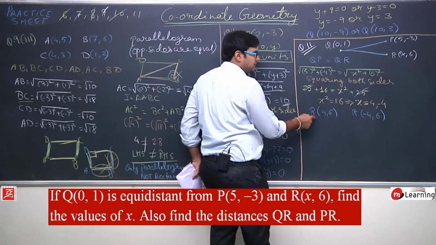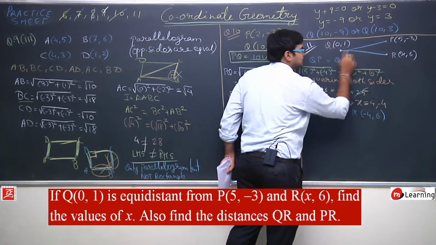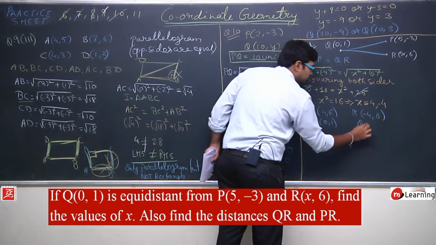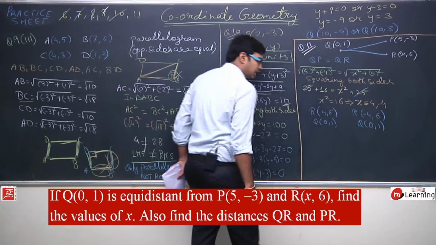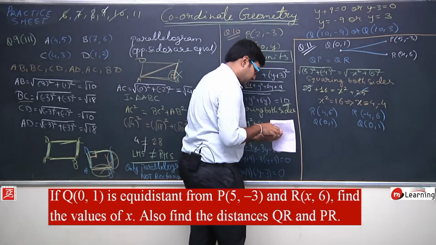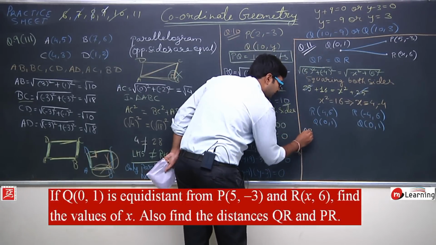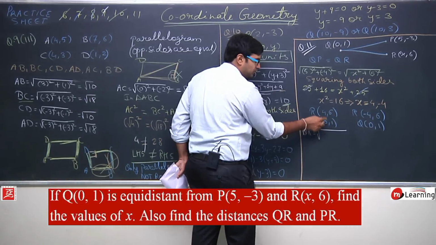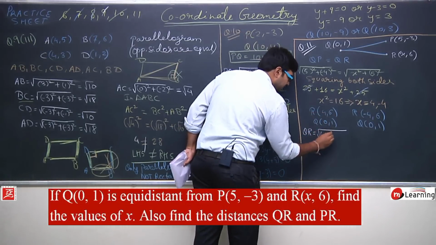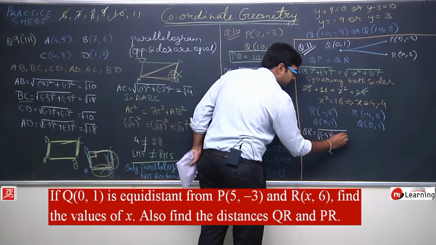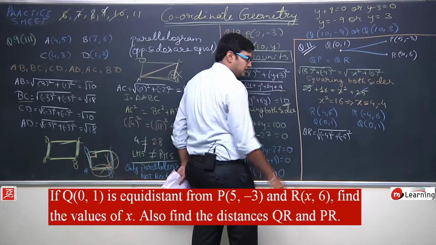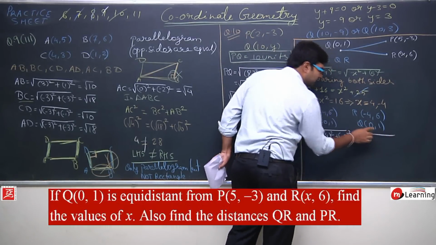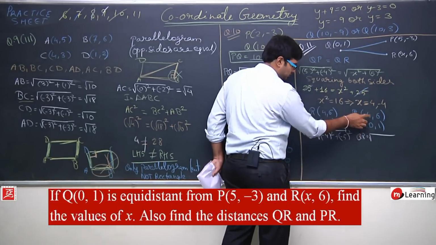Okay, so in this case if I calculate QR, this distance, Q point will be (0, 1) and here also Q point will be (0, 1). So by calculating the distance, QR will become square root of, this is x1 y1, this is x2 y2, so x2 minus x1 is 4 square, plus y2 minus y1 will give you 5 square.